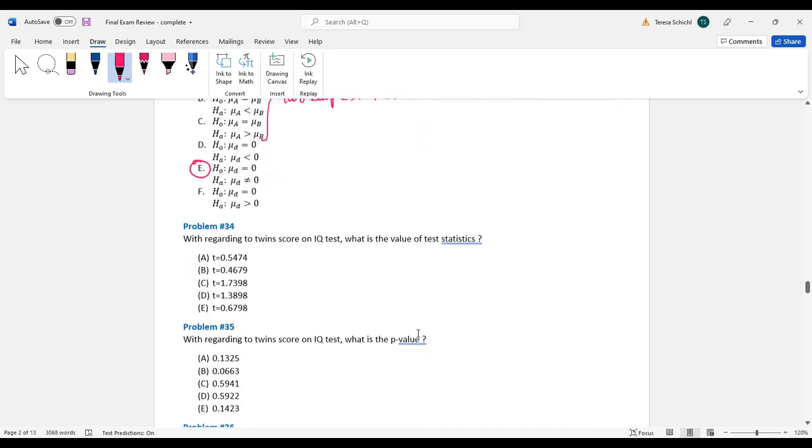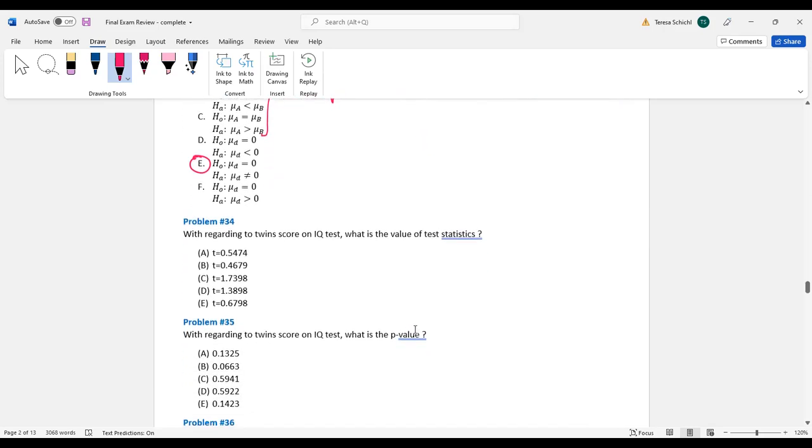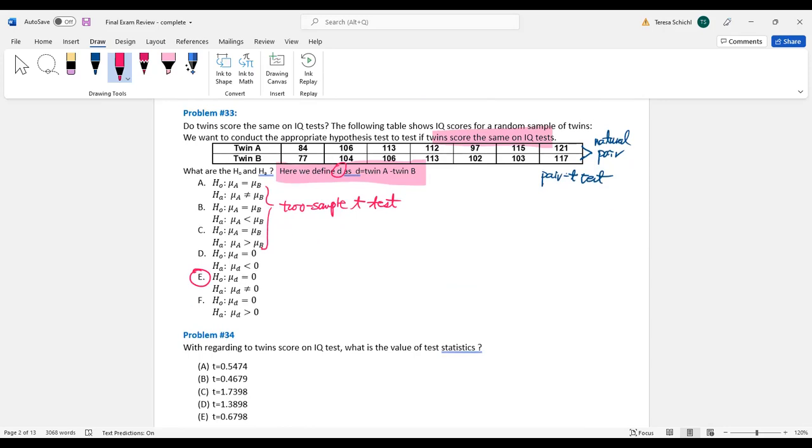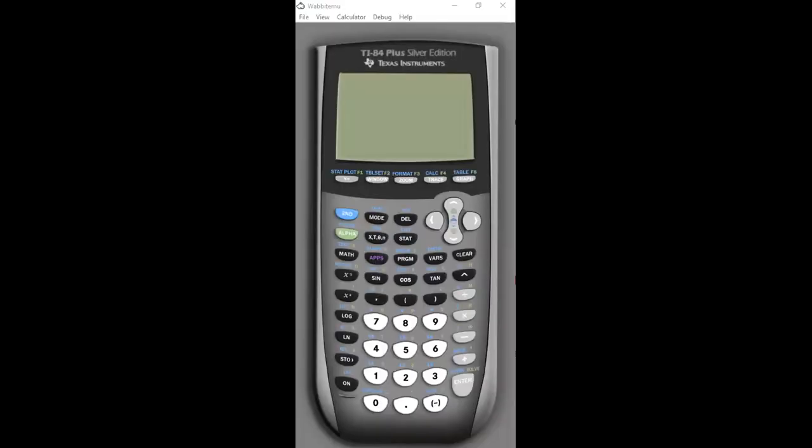Okay, so now let's take a look. How do we input the data here? Let me get the calculator up here. We say mu D, where D is twin A minus twin B. Clear here. Remember, the first thing is we need to input the data.